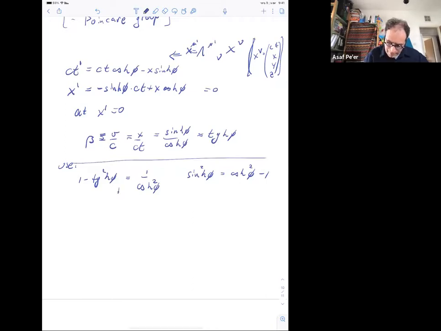So from here, I can simply write down that cosine hyperbolicus of phi is just 1 minus tangent hyperbolicus of phi squared to the minus 1/2, which is 1 minus beta squared to the minus 1/2. I call that gamma.